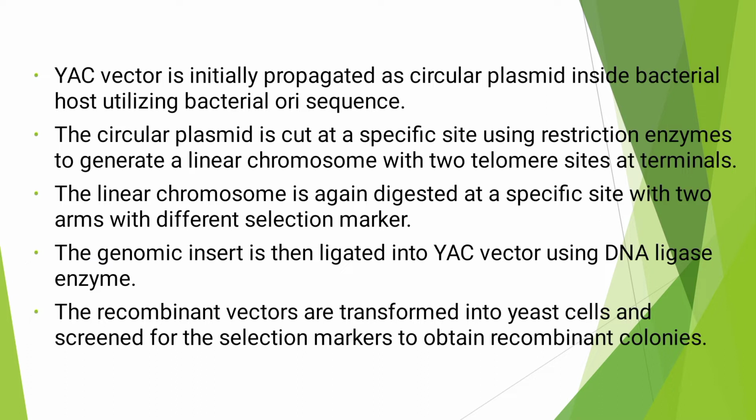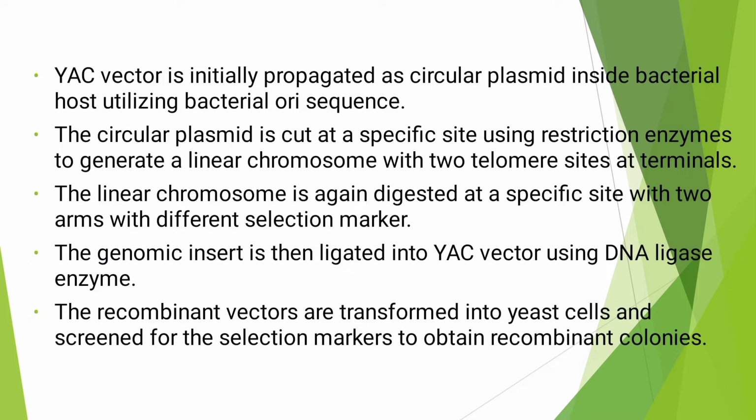The YAC vector is initially propagated as a circular plasmid inside a bacterial host utilizing the bacterial ori sequence. The circular YAC plasmid is cut at specific sites, two restriction sites, using restriction enzymes.